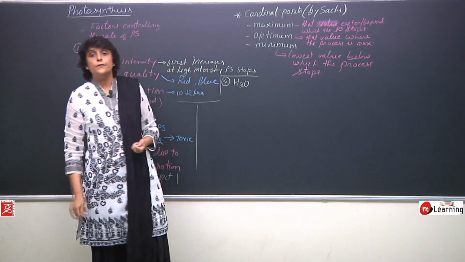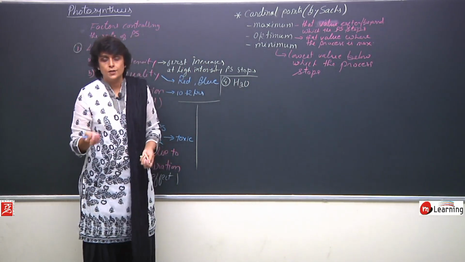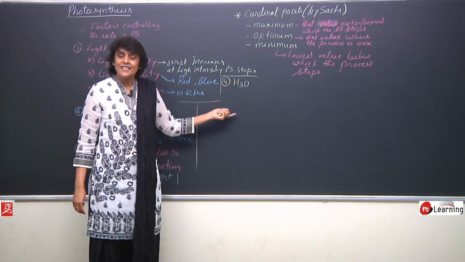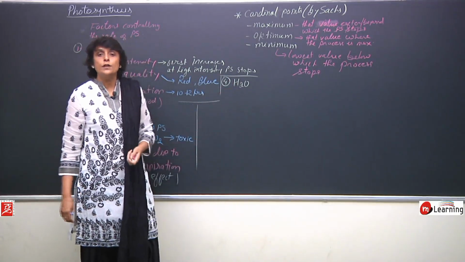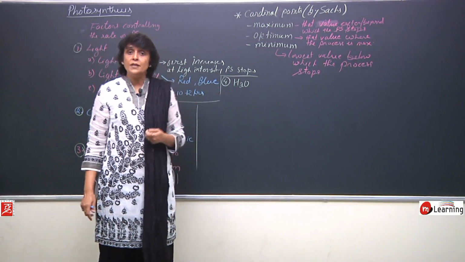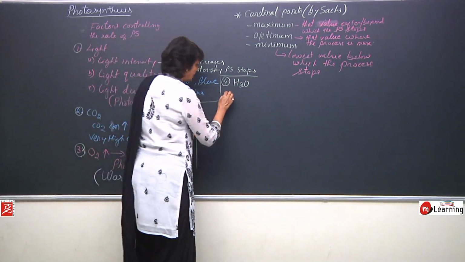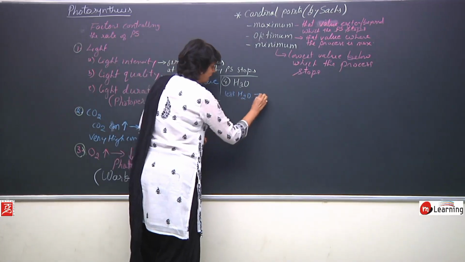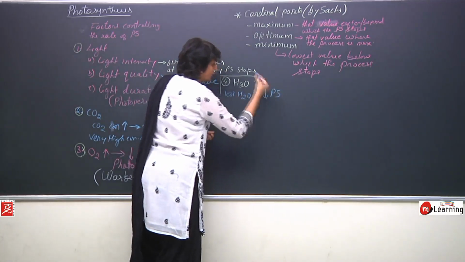What will happen if water is in excess or less? Obviously, less water will decrease the rate of photosynthesis because water is one of the raw materials for photosynthesis. So, less water, less photosynthesis.